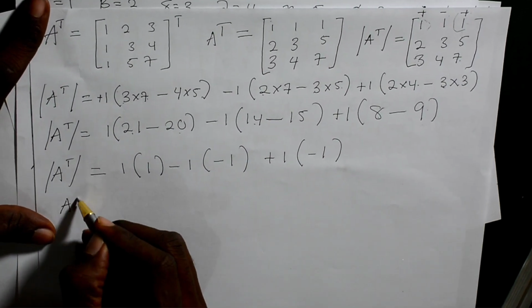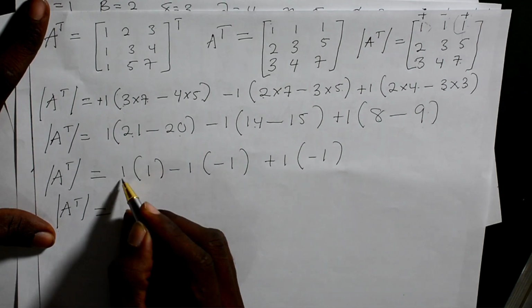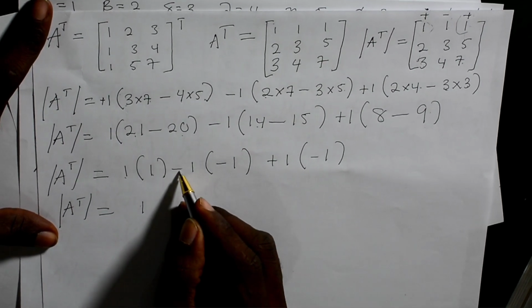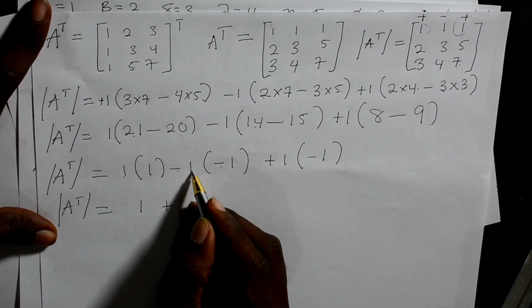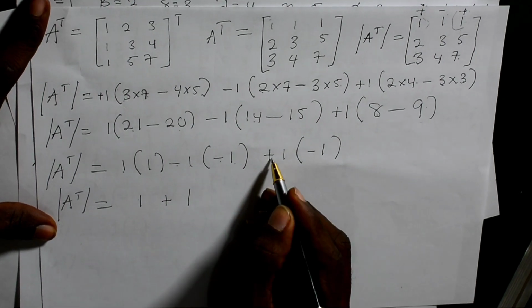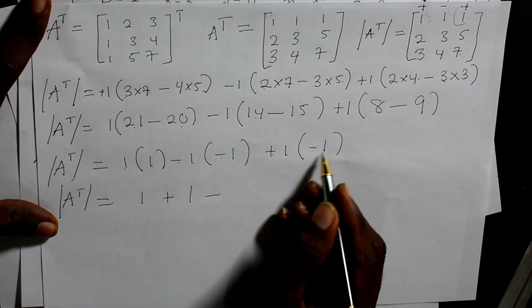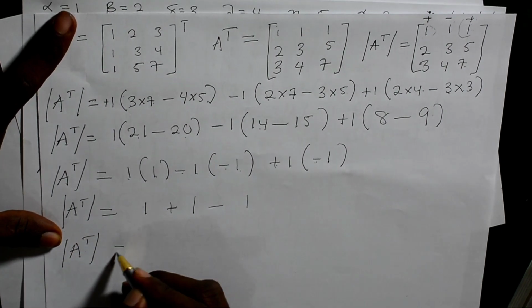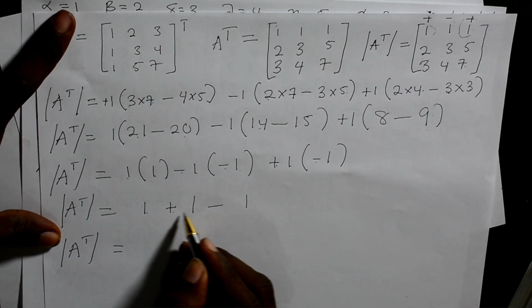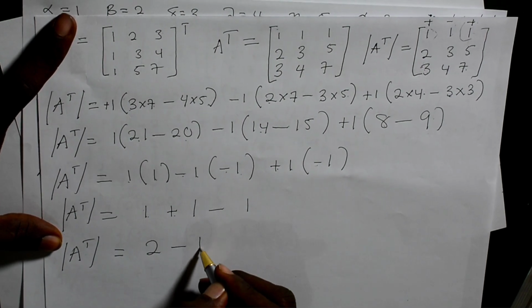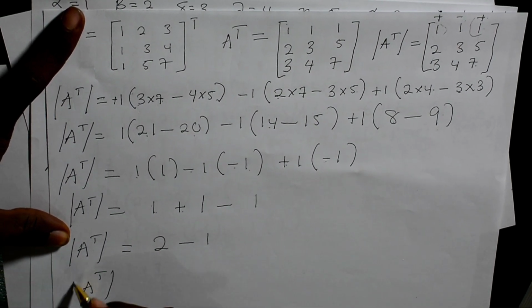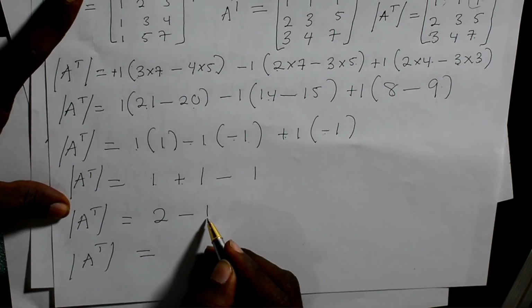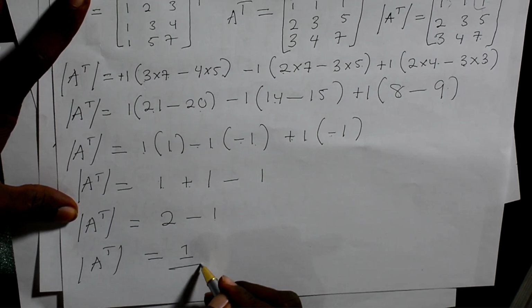So A transpose determinant will be 1 times 1, 1, minus 1 times minus 1, plus 1, plus 1 times minus 1, minus 1. A transpose determinant will be equal to 1 plus 1 is 2, minus 1, that is 1.